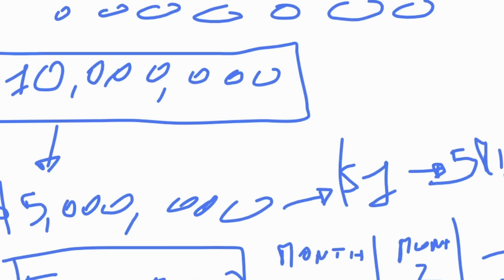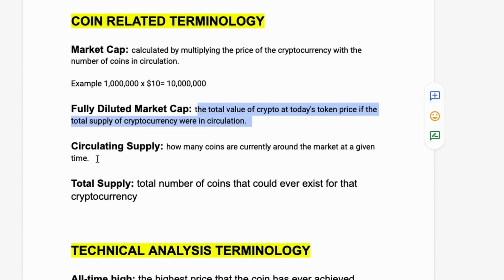There are other tokens that have not been distributed, and once these people receive them, they're probably going to take profits. If you buy before these distributions take place, you can be dumped and your investment will go down. That's why it's very important to understand the fully diluted market cap.